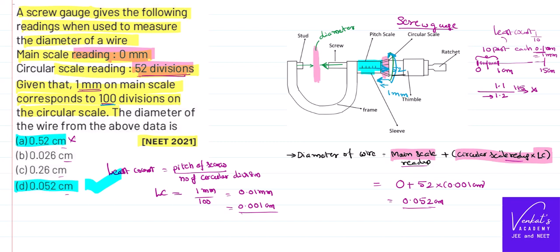So to get a better reading, next we have a device called vernier scale or vernier calipers. It was designed in such a way that 1 millimeter is further divided into 10 parts, so that you will be able to measure 1 by 10th of a millimeter, that is 0.1 millimeter.